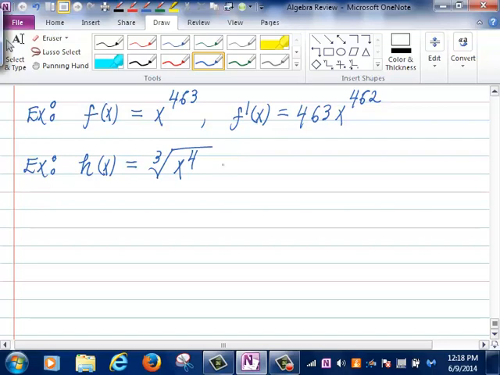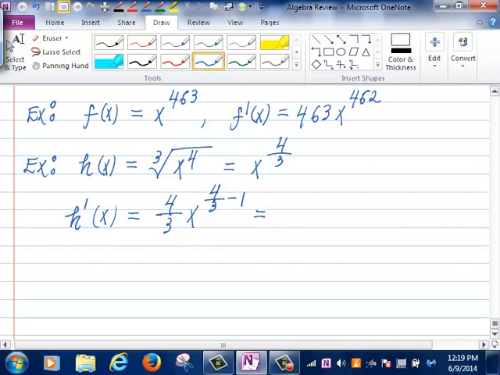Well, the first thing you need to do is write this as x to the 4/3. Now I apply the general power rule, right? H prime of x would be 4/3 x to the 4/3 minus 1.